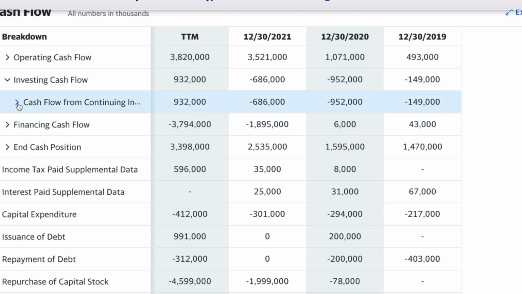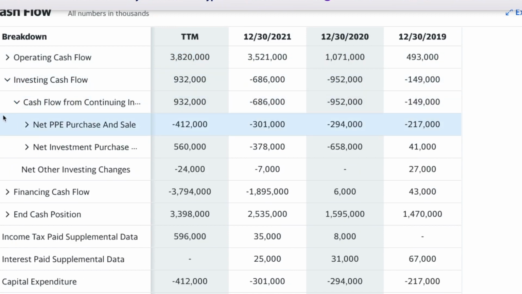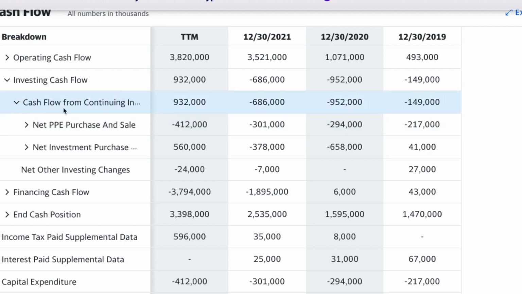Next on the list is the investing cash flow. As I said, investing cash flow tells you how much the company is spending on its own business, or if it is acquiring a new business to grow, which is important if you have the cash for it, or if you're spending a reasonable amount on another company, because that's a way to grow your business.